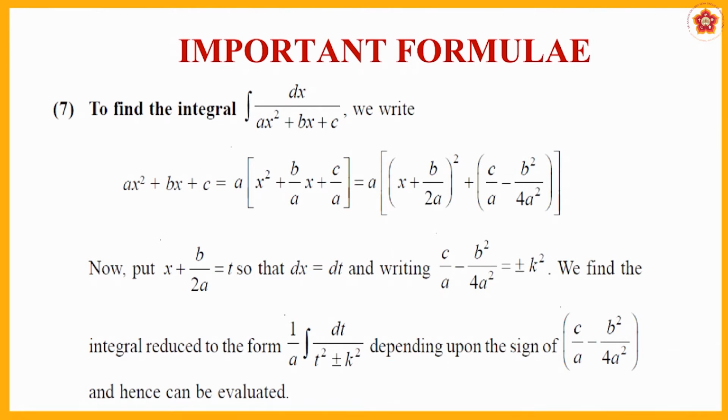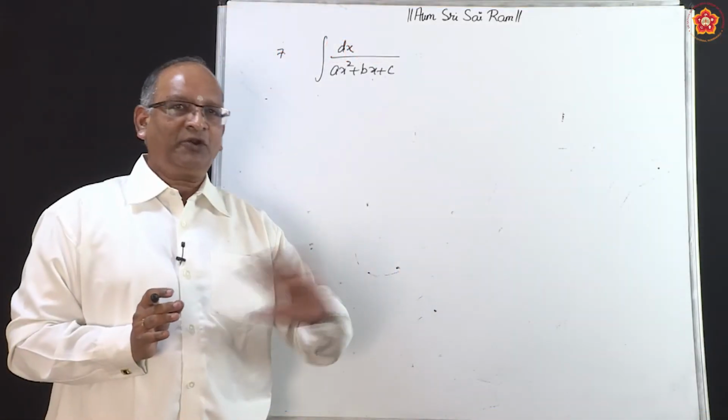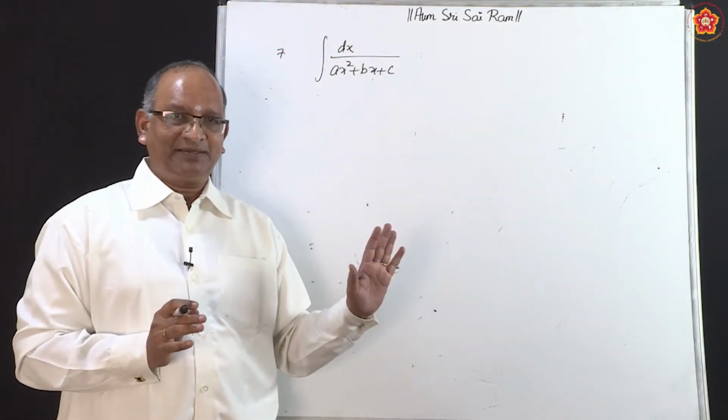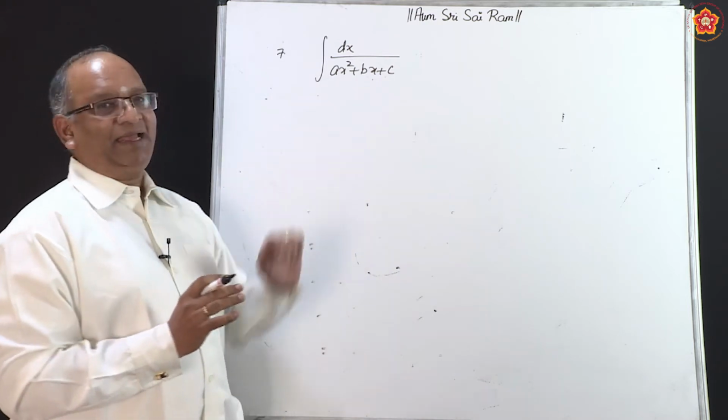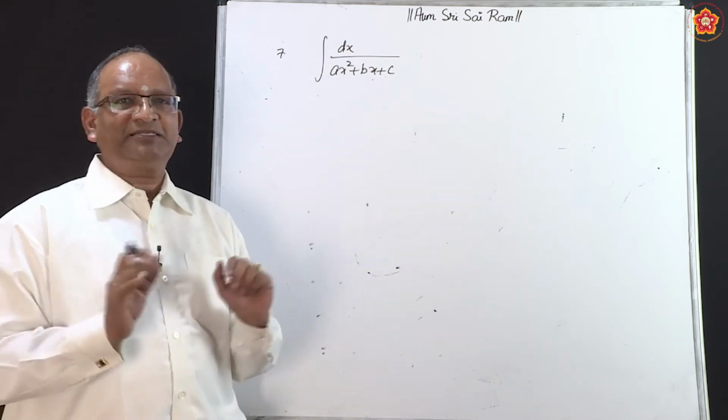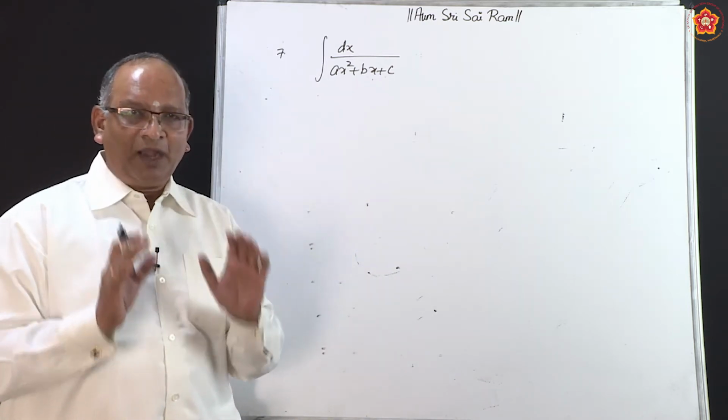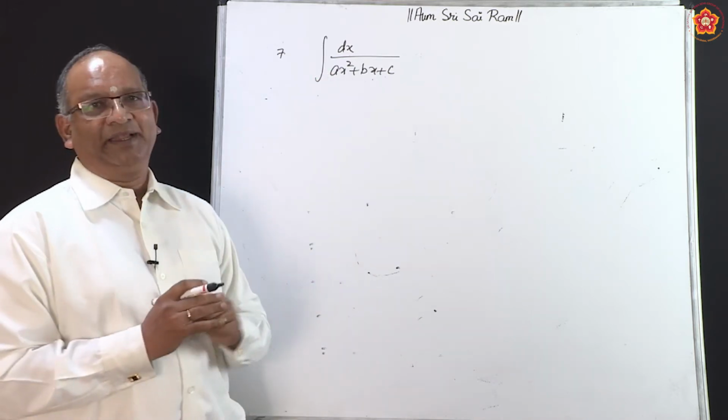Remember, we are not writing any formula, we are not deriving any formula. We will be managing with those 6 formulae only. We are not going to learn any new formulae. But if the expression is like this, what do you call this expression? It is a quadratic polynomial in denominator.